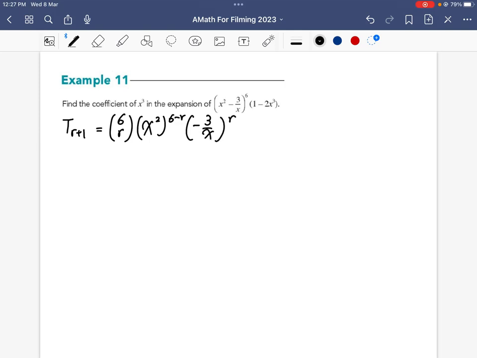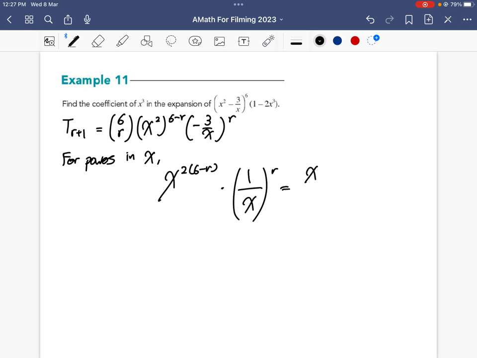So for powers in x, I just look at the x terms: 2 times 6 minus r, ignoring the negative 3, multiplied by 1 over x to the power of r. So I'll get x to the power 12 minus 2r over x to the power of r, which gives me x to the power of 12 minus 3r.